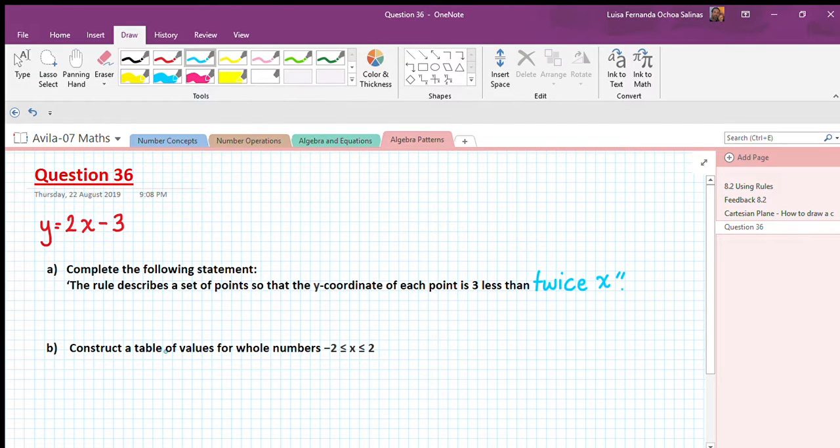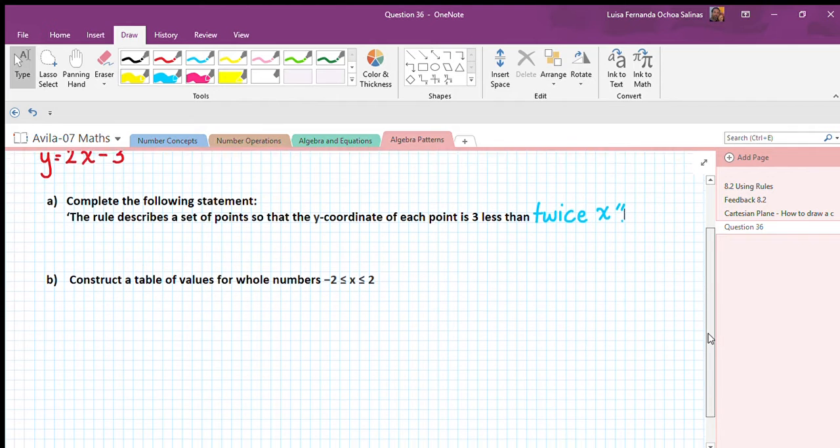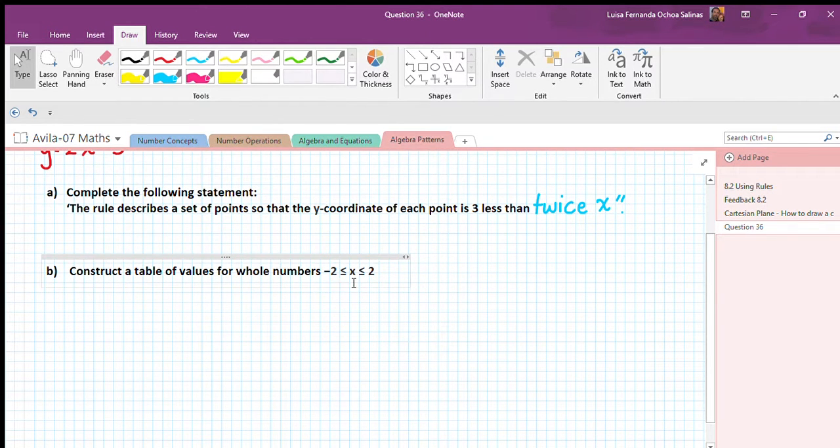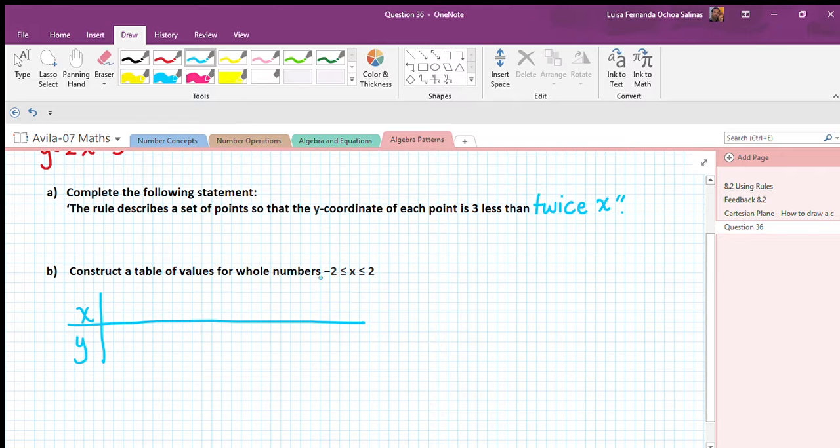Then it says construct a table of values for whole numbers between -2 and 2. So this is basically saying just construct a table for x and y. So I'm going to do it here. X and y when x starts at -2 and goes up to 2 for the whole numbers.